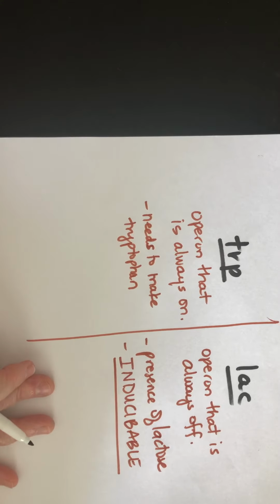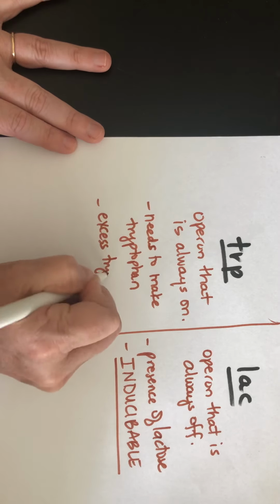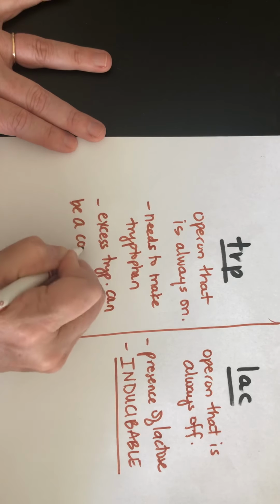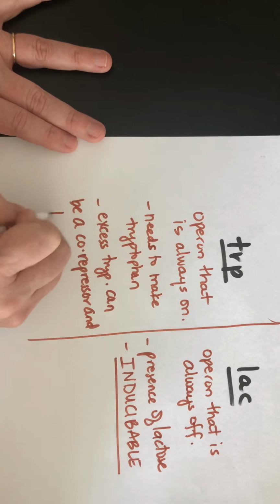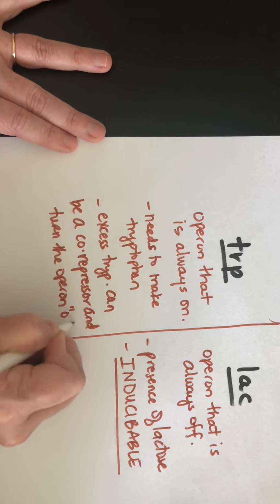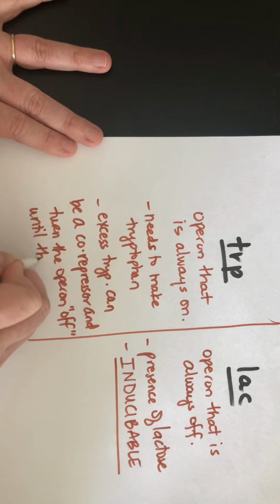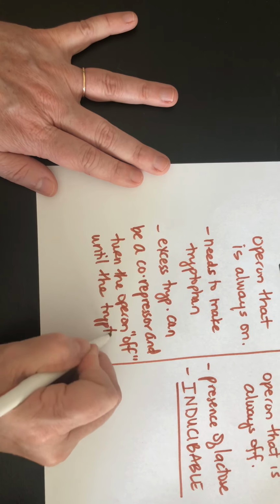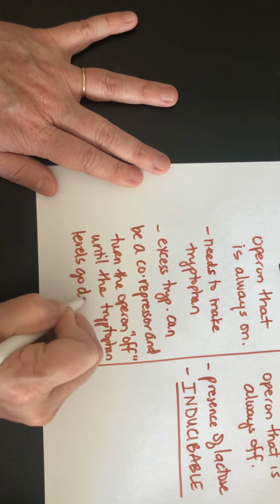But when the tryptophan levels get too high, excess tryptophan can be a co-repressor and turn the operon off until the tryptophan levels go down.